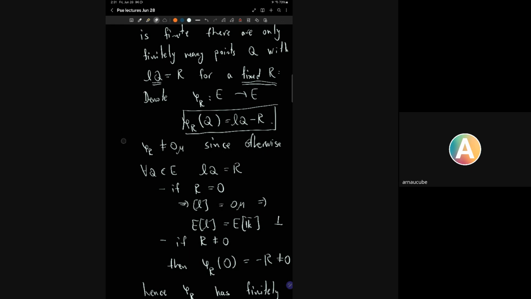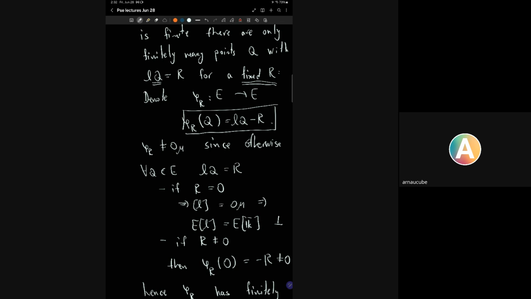So one thing that I'm not sure is, you want to show that EQ is finite, but then you show a lot of things.